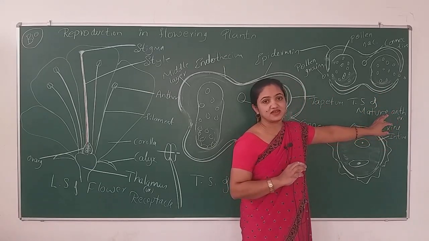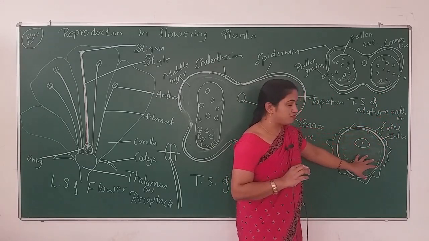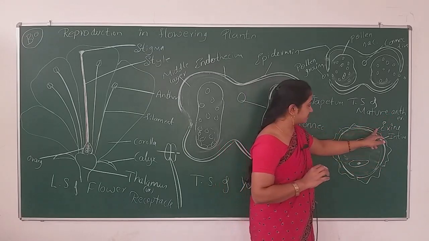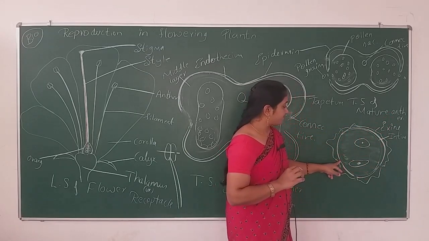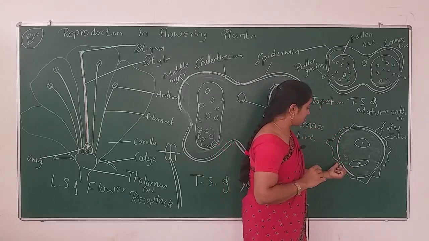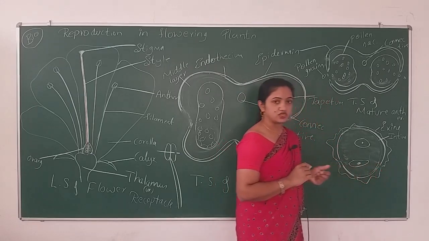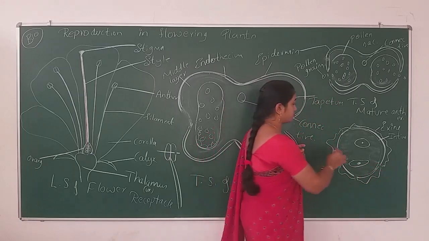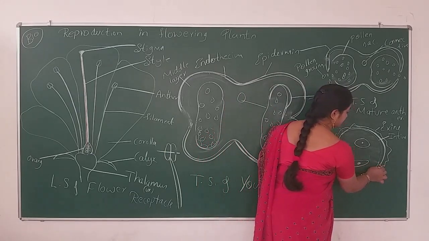It is rigid in nature and protects the pollen grain. In some points it fails to deposit. Those small areas are known as germ pores. Think this is the germ pore.